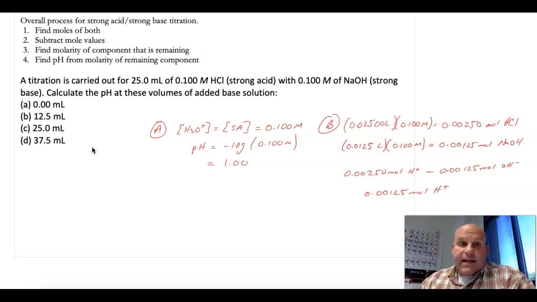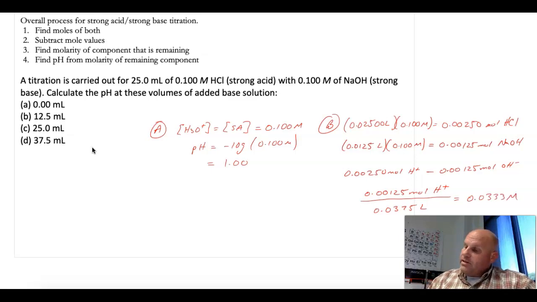Okay. The next step is to find the molarity of what's remaining. So I'm going to take that mole value after the subtraction, and divide it by the total volume. At this point, my total volume is 25 plus 12.5, because we have titrated in 12.5 milliliters of base. So in terms of liters, that is this, and I'm going to get a concentration of H3O plus, which is what I'm solving for here, my molarity.